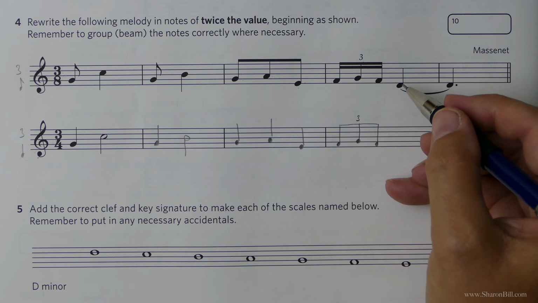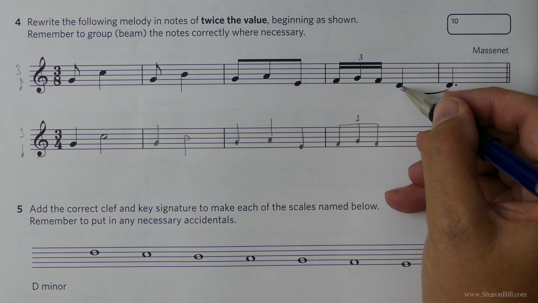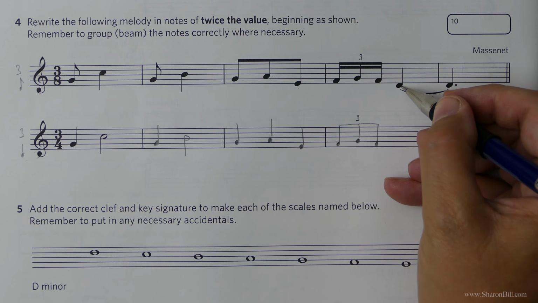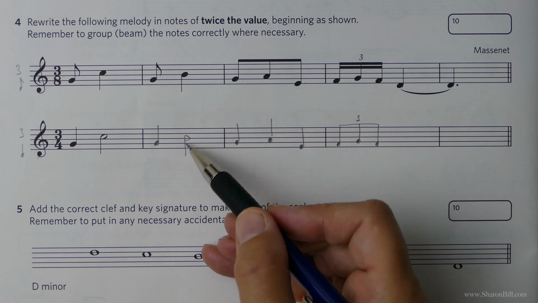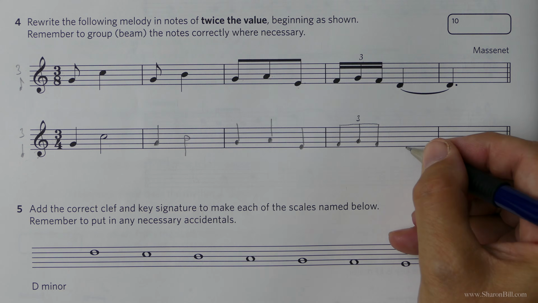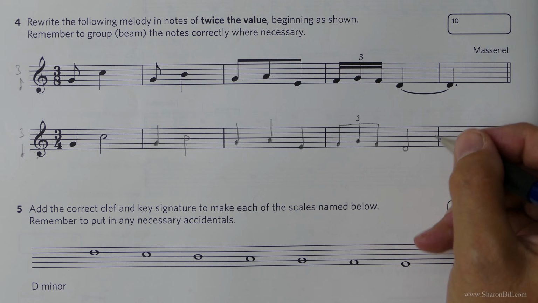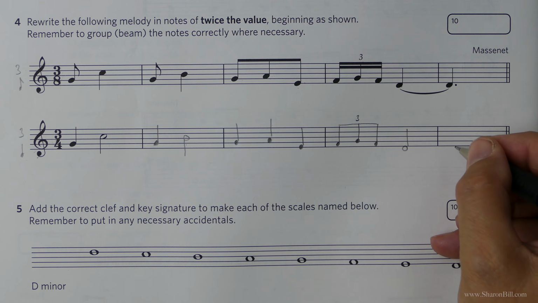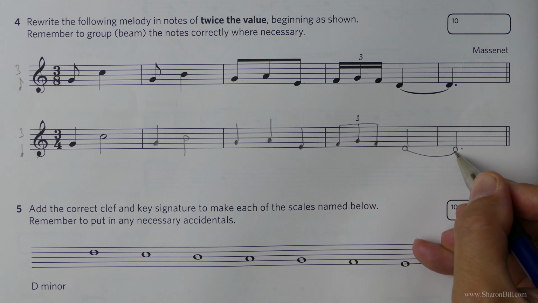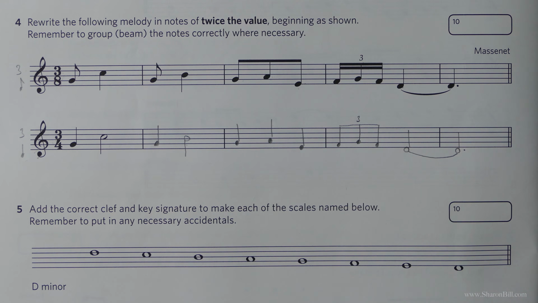And then here, this is a crotchet at the moment, so we need to double that up and make that into a minim, just like we've done here. So no need to colour that in. However, it will still be tied, but this is now going to be a dotted minim or a dotted half note. No need to colour that in. Tie it, and there we go, job done.